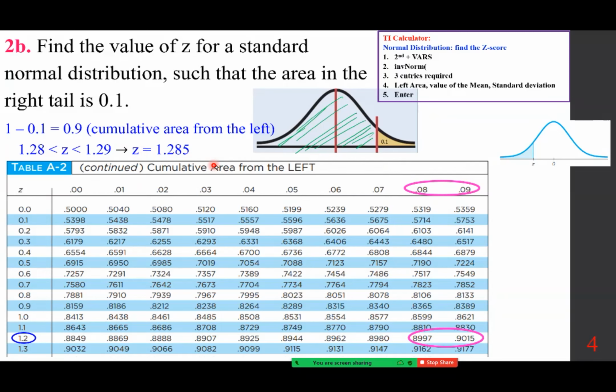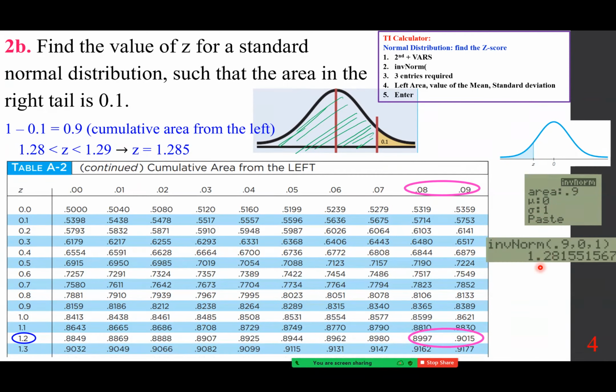You can also use technology as follows. Area is 0.9, mu is 0, sigma is 1, and you come up with 1.28155, and so on. Of course, understand table versus technology. Technology gives you a better, more precise answer.